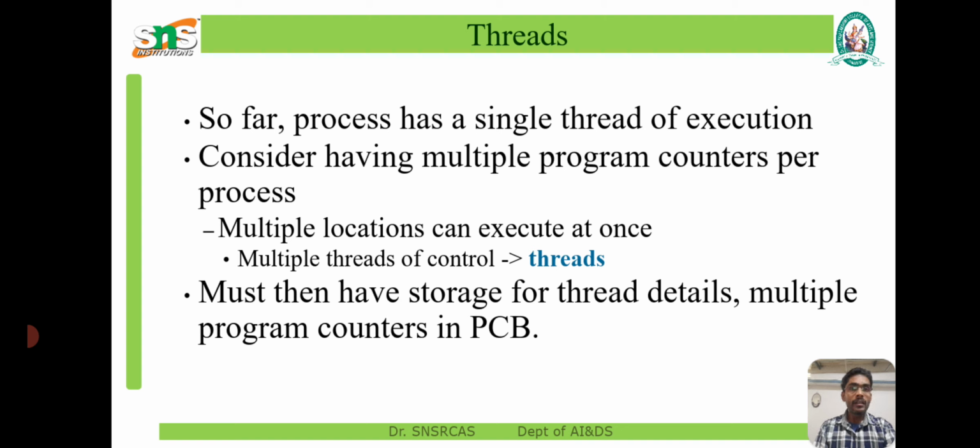When you need to do that, you have to go for the thread concept. In the thread concept, you have storage for thread details or multiple program counters in the process control block. These things will be discussed in the upcoming topics.